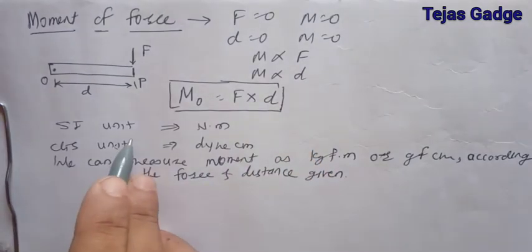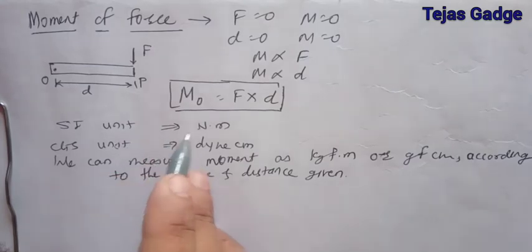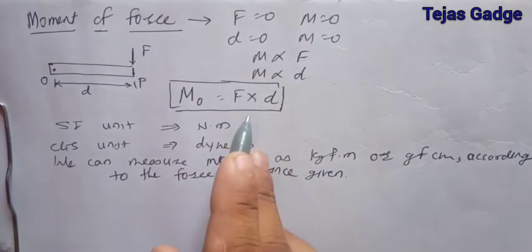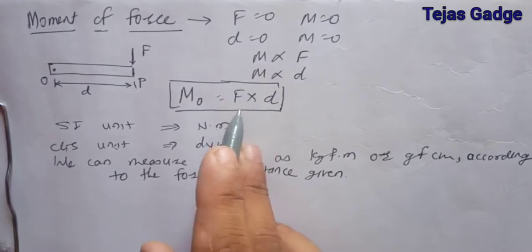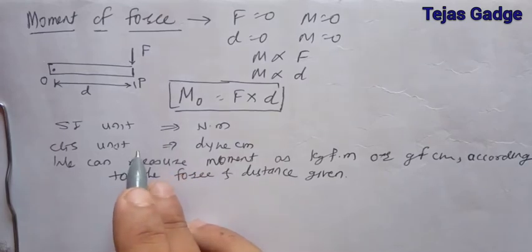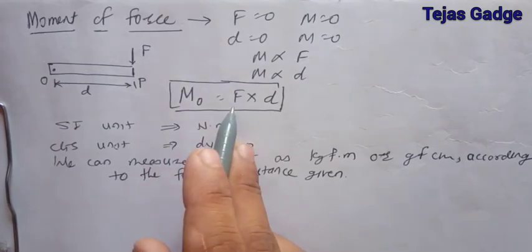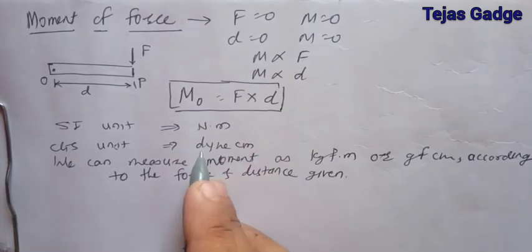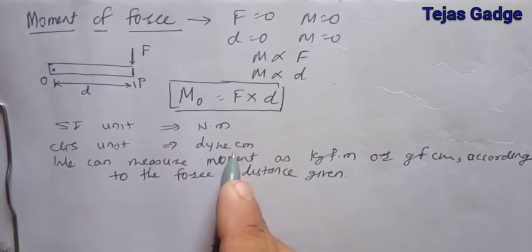Next we have seen SI unit. So SI unit of moment of force will be Newton meter, because here two quantities, force and distance, are multiplied. So the unit will be the multiplication of unit of force and unit of distance, that is Newton meter. CGS unit: in the CGS system, force is measured in dyne and distance in centimeter, so CGS unit will be dyne centimeter.